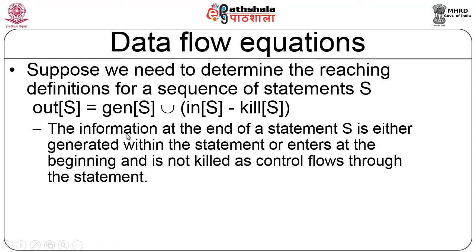A particular statement will generate a particular definition, and depending upon what definitions reach the statement and whatever it kills, that is subtracted and combined with whatever definition this statement generates.